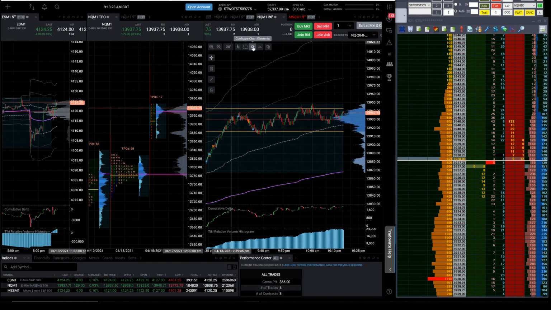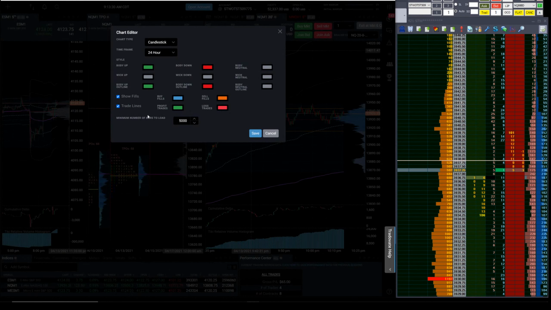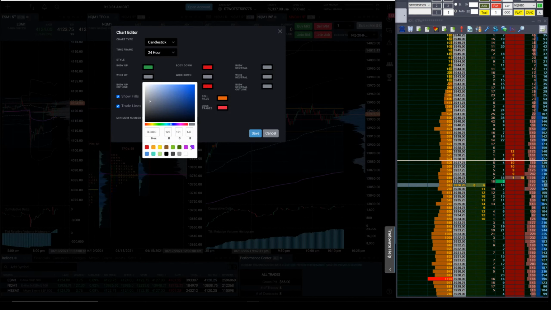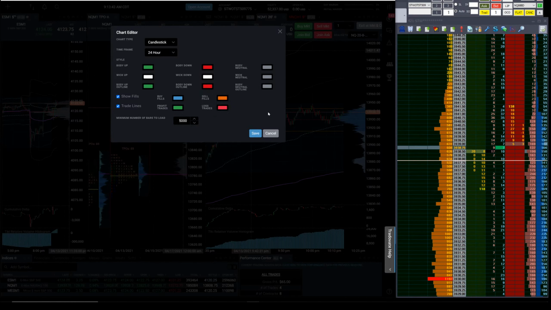I wonder if I can set this up with the white. I don't think you can do much. Oh yes, wick up, wick down. Oh, there you go. White. What neutral body is all about there.